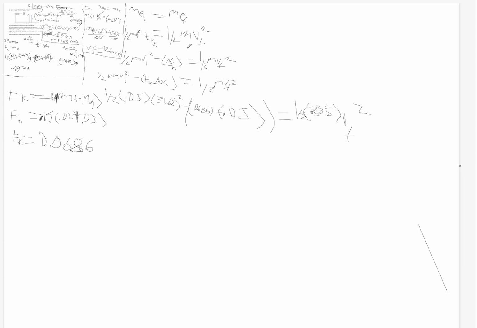So let me put it into a calculator. So 1/2 times 0.05 is 0.025. Right?